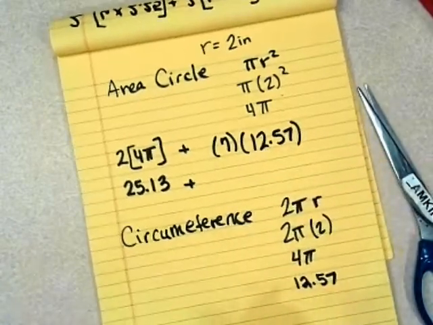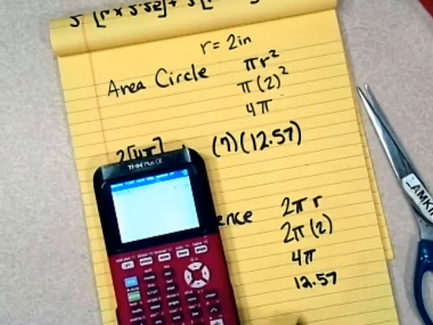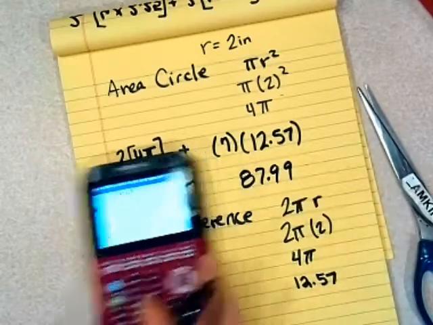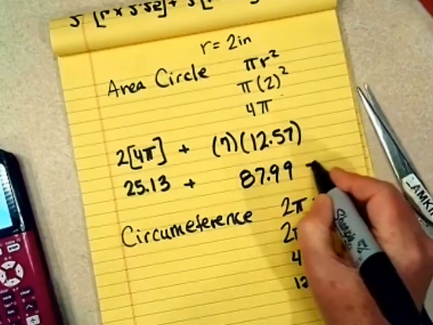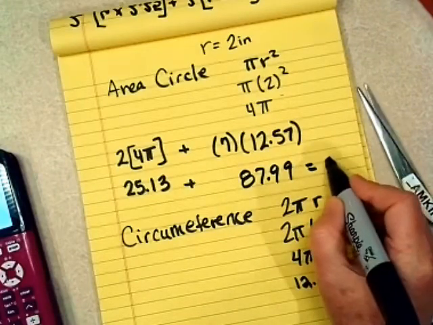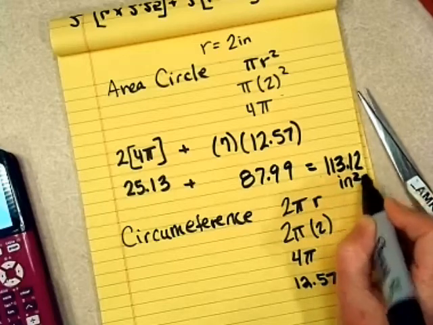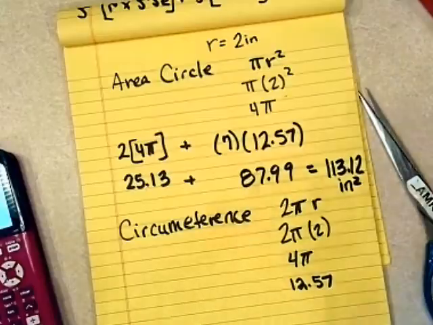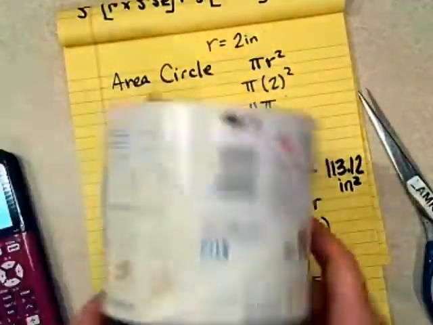I'm going to use that measurement. I wouldn't mark it wrong if you measured and used 12.5. 7 times 12.57 is 87.99. I'm going to add that to 25.13, and that total surface area comes up to be 113.12 inches squared.